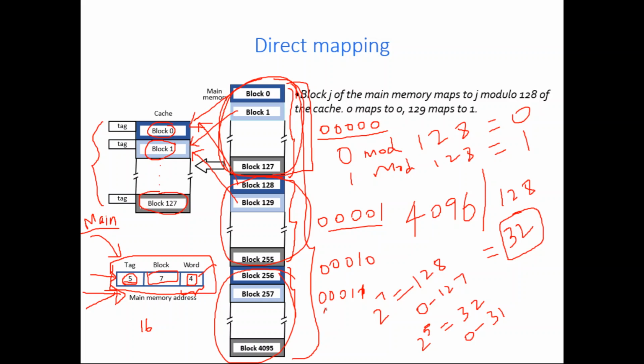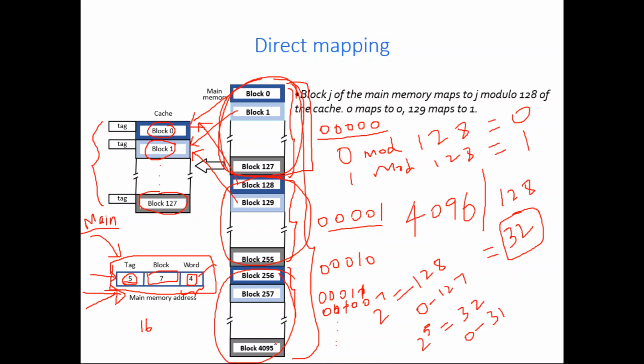For the fifth set of 128 blocks, it will be 0 0 1 0 0, and so on and so forth. It will proceed.